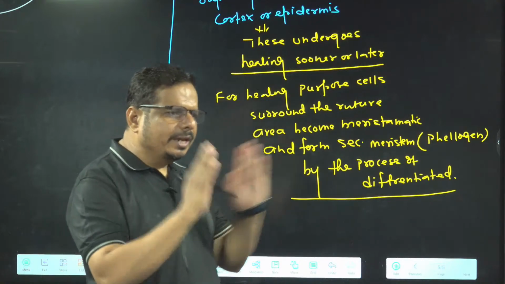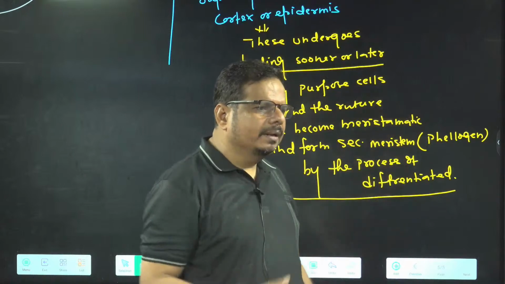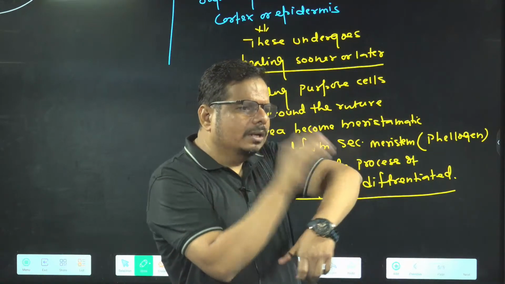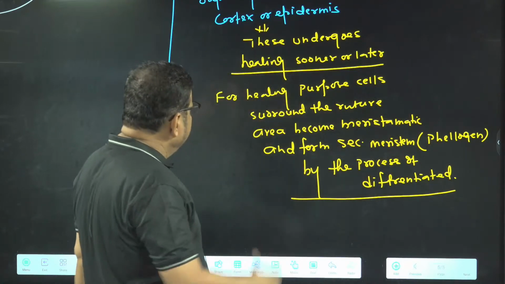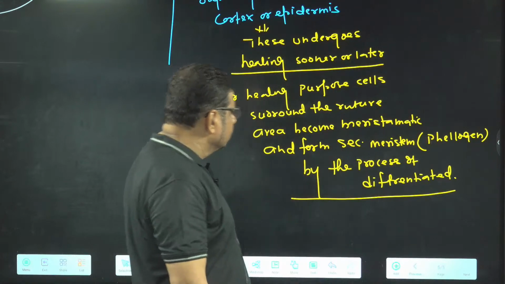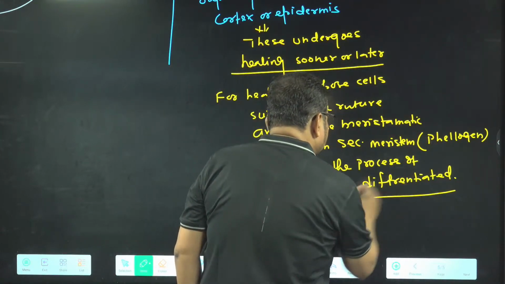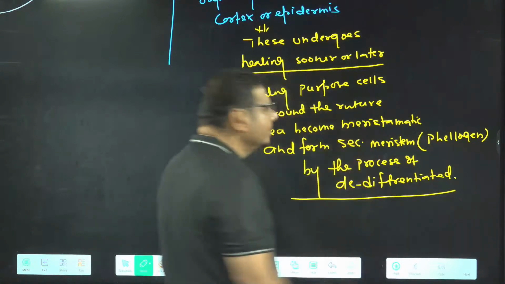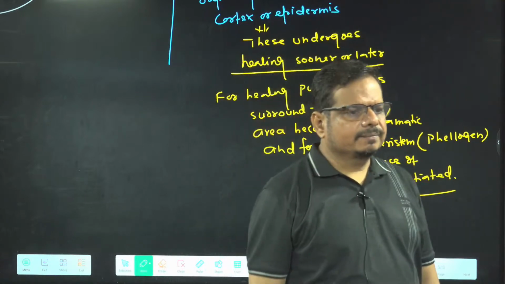Because rupturing occurs due to intrastellar secondary growth, pressure builds up. The outer tissue layers, which cannot bear the pressure, get ruptured. Getting the things or not? Process of de-differentiation. I wrote differentiation by mistake, it is de-differentiation.